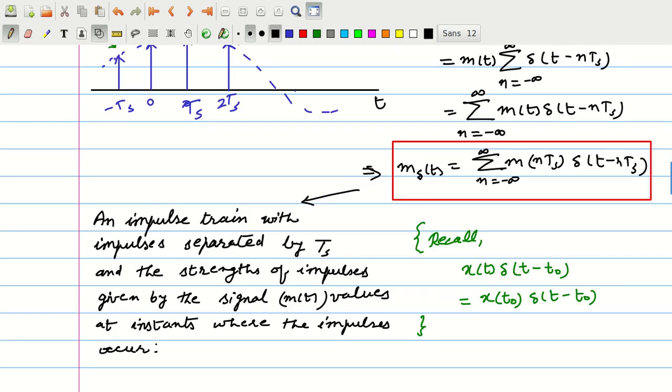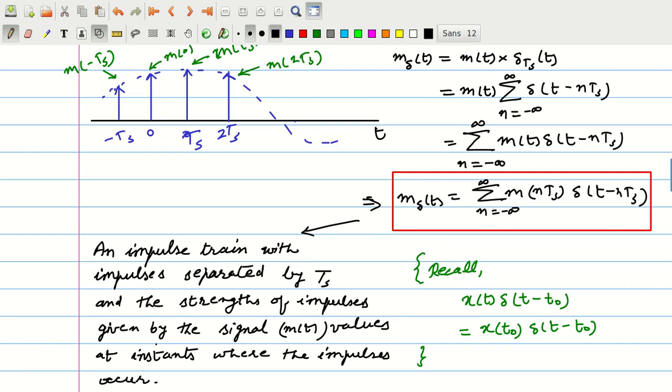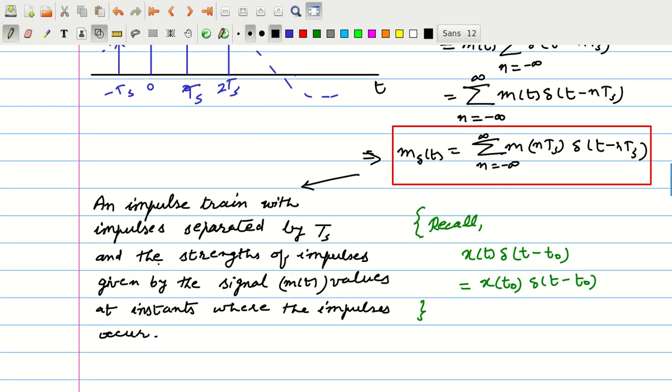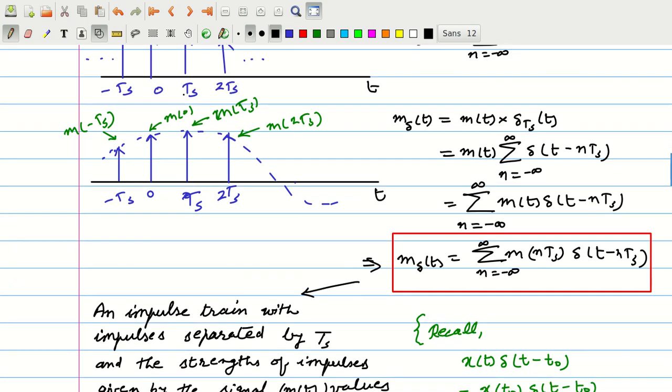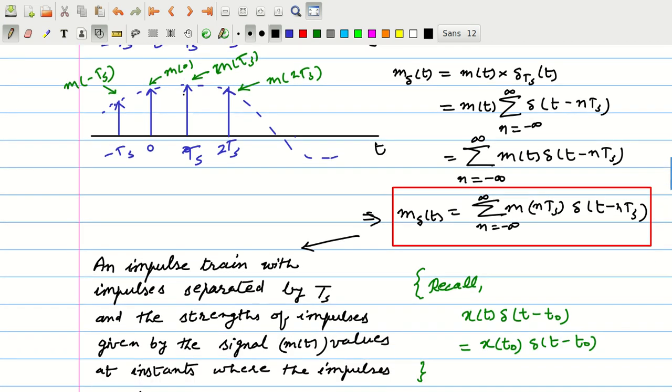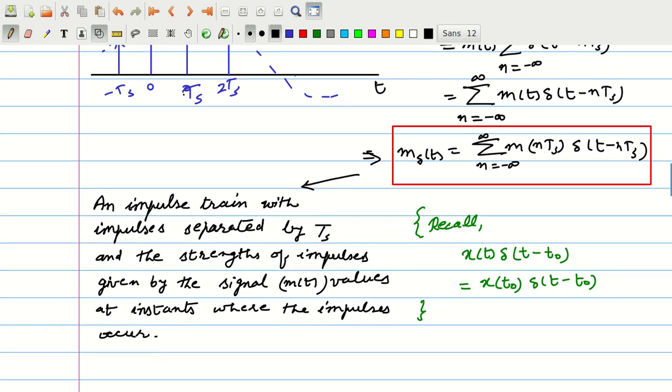So the signal m_delta(t) represents an impulse train with impulses separated by Ts, so Ts, 2Ts, and so on, and the strengths of the impulses given by the signal values m(0), m(Ts), m(2Ts). So signal values at instants where the impulses occur.